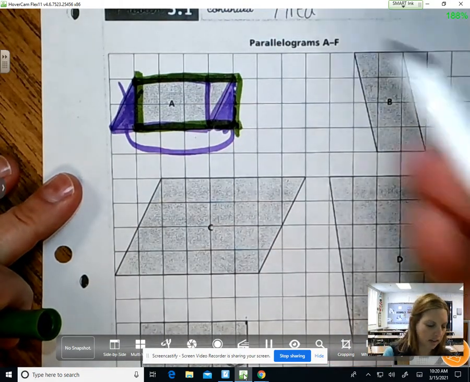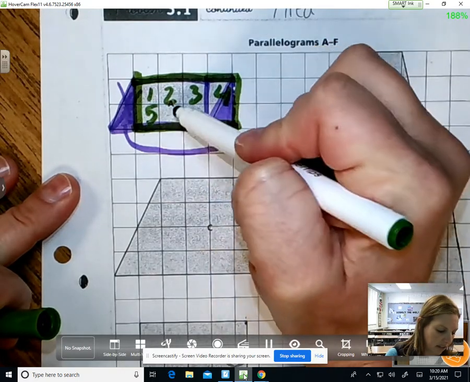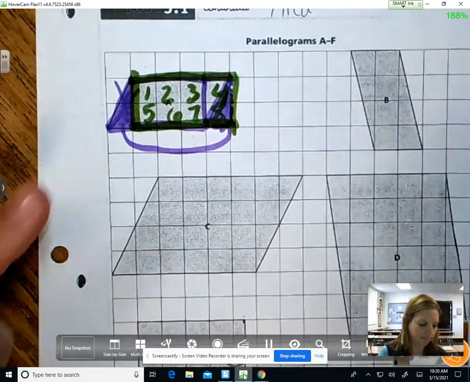I can count the area. 1, 2, 3, 4, 5, 6, 7, 8.